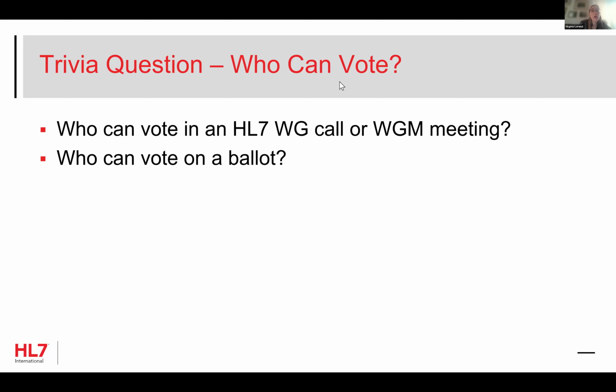So who can vote on a ballot? Joel says voting members of HL7. Well, that's certainly true. Voting members of HL7 can vote, as well as those who sign up for the ballot pool.